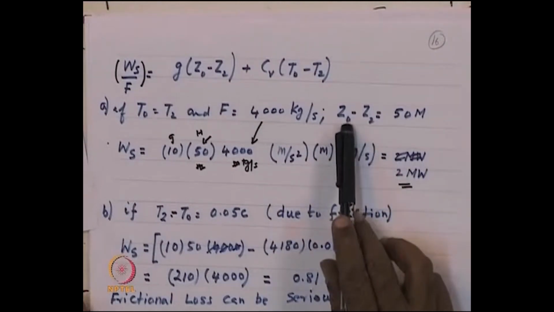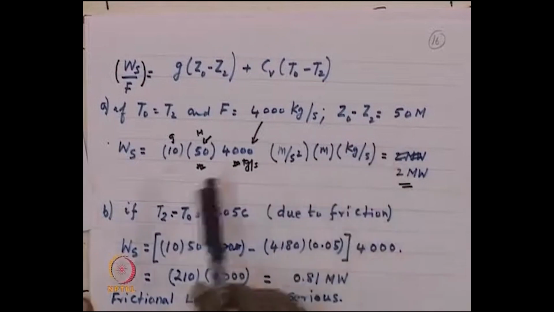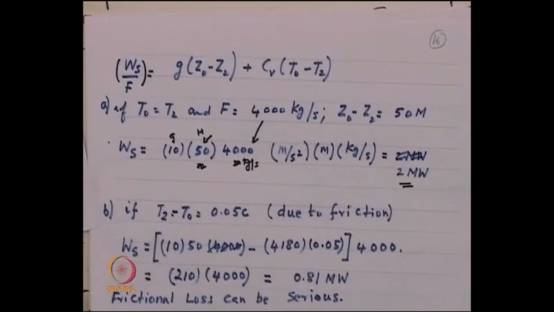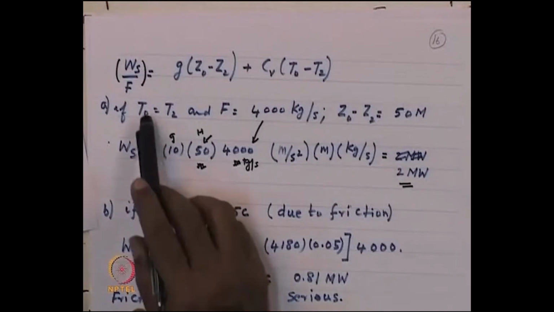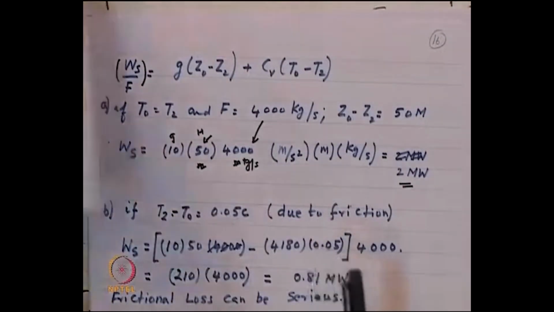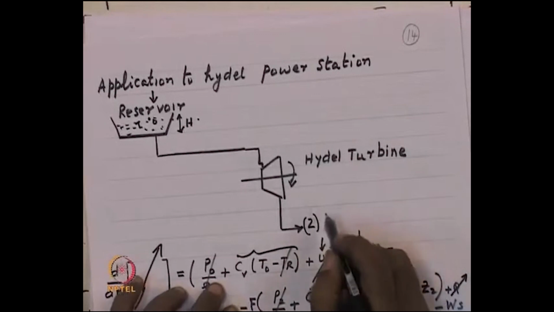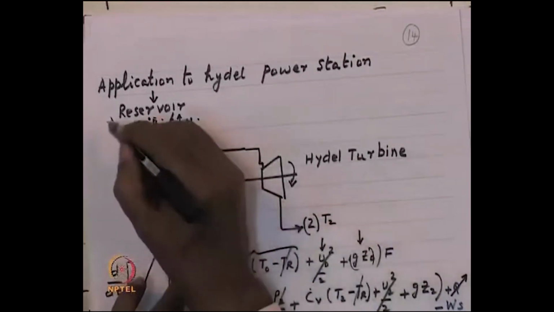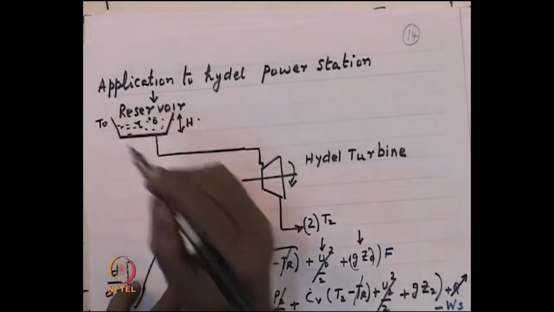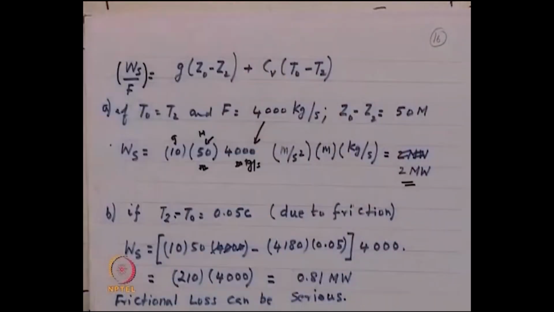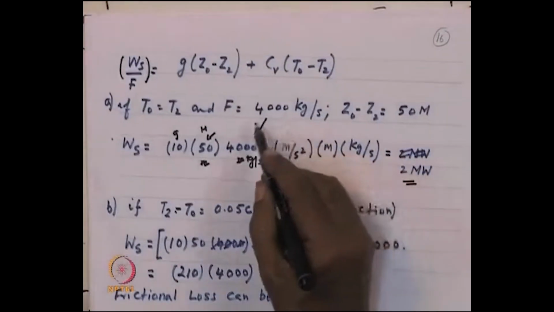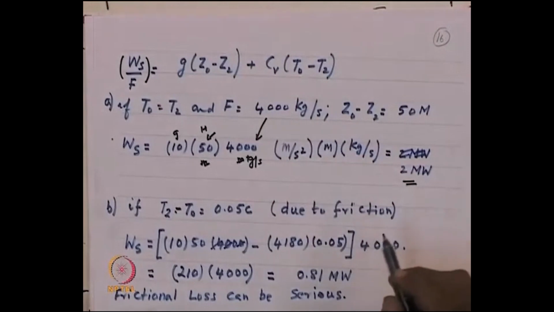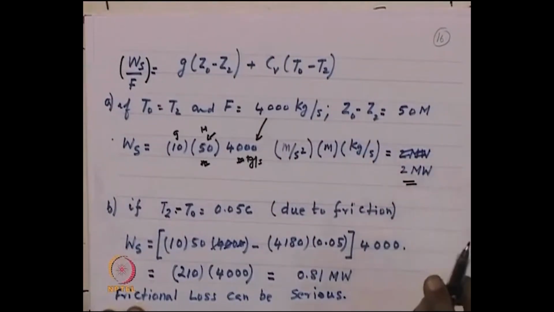That means water is flowing down from a 50 meter height. Now, if T2 equals T0, what we are saying is that the temperature here, T2, and the temperature here, T0, are the same, then we would produce, for this 4000 kg per second of flow, 2 megawatt of power.